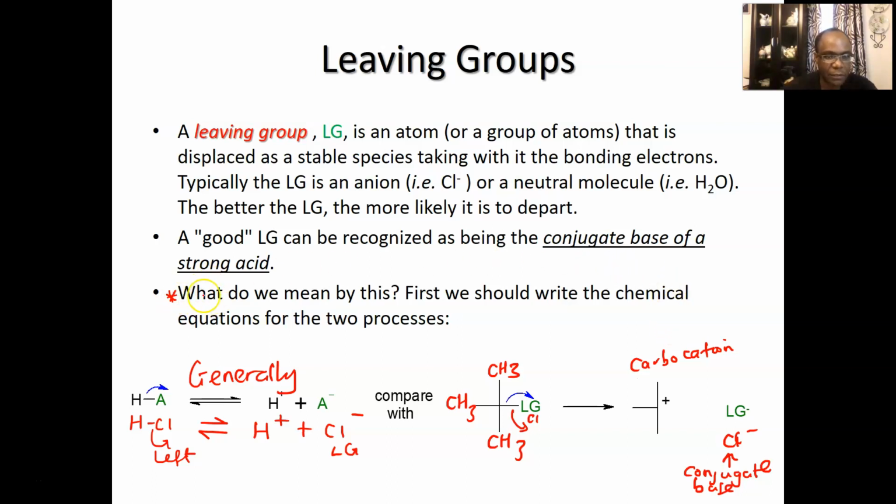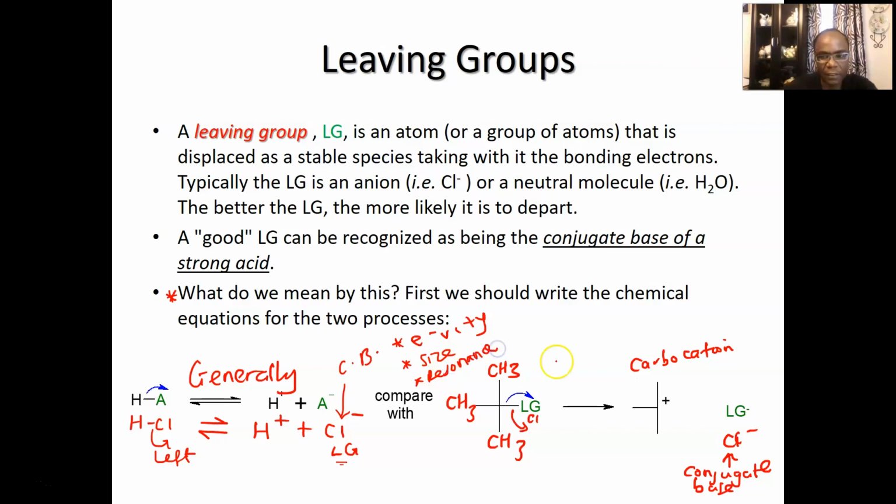What do you mean by this? A good leaving group can be recognized as being the conjugate base of a strong acid. So when a strong acid breaks down, you get a leaving group that is what we call a conjugate base, and the conjugate base is stabilized, like I said, by electronegativity, size. The bigger the size, the better, and resonance.